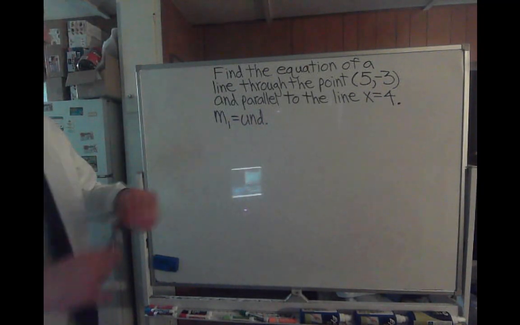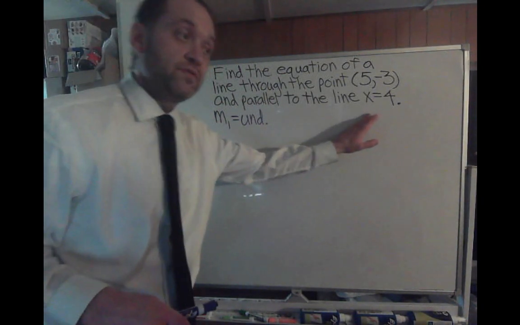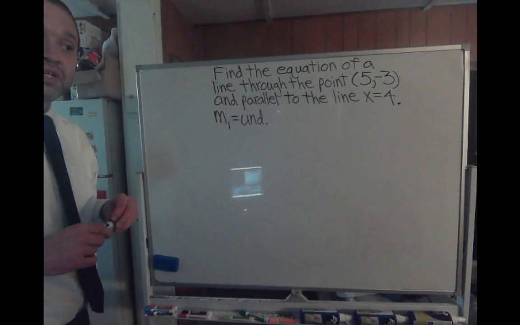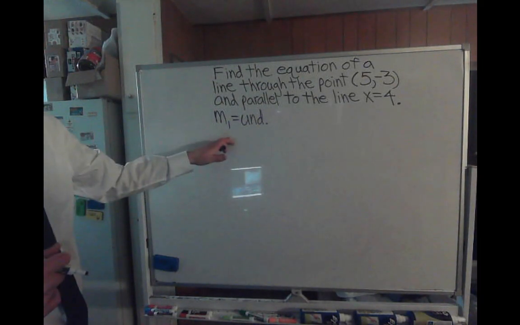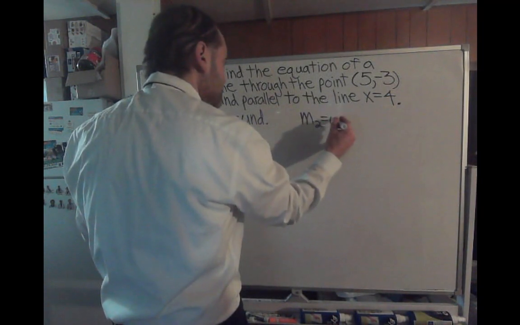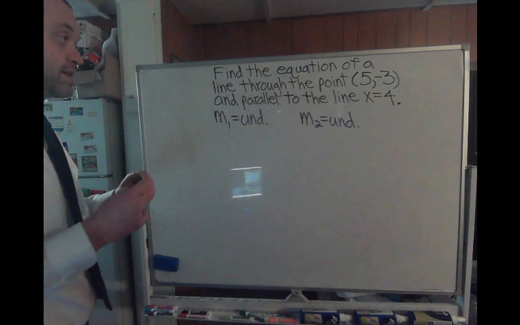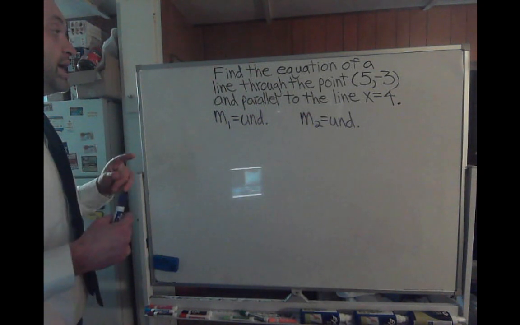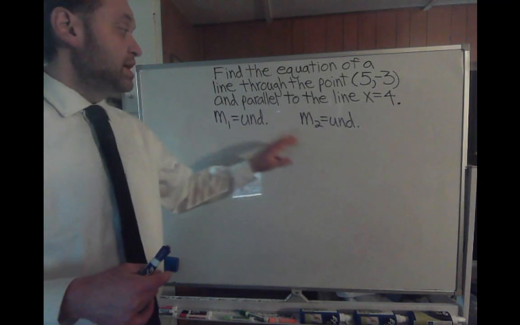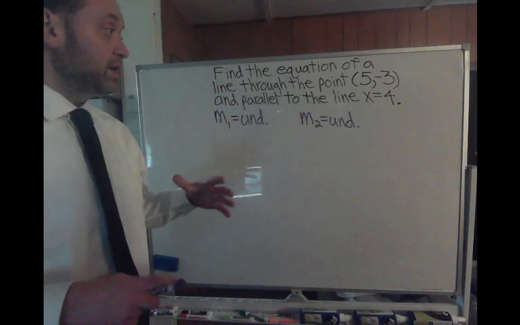Now, if we want to find the slope of the line through the point (5, -3) that is parallel to x equals 4, if two lines are parallel, what is true about their slopes? They equal each other. That means the slope of the second line also would have to be undefined in order for these lines to be parallel, otherwise they would intersect. If both slopes are undefined, they're definitely parallel.